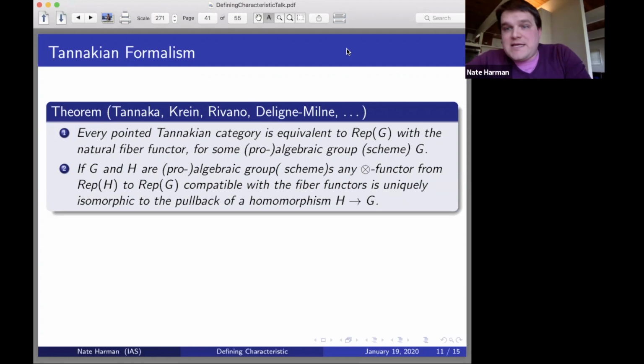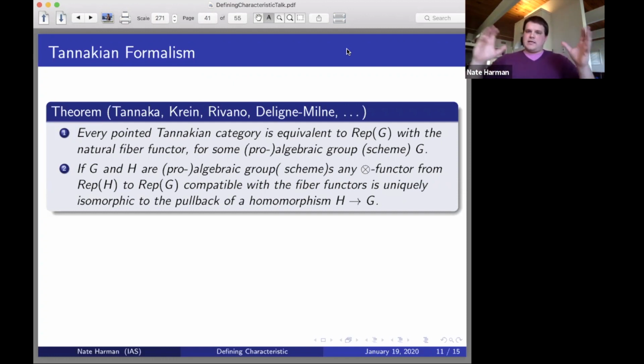Great, so these two statements together, I think of as the main things that I call Tannakian formalism. It's the idea that the category of representations of a group, along with all of its bells and whistles, so the monoidal structure, the symmetric braiding, and this functor to vector spaces, the data of all of that is equivalent to the data of the group itself.